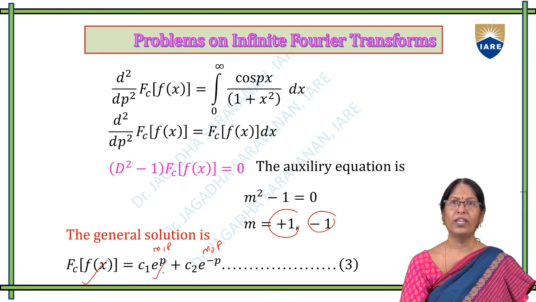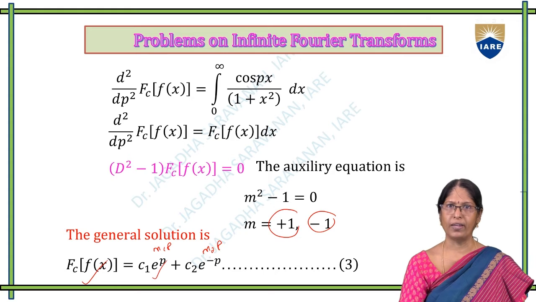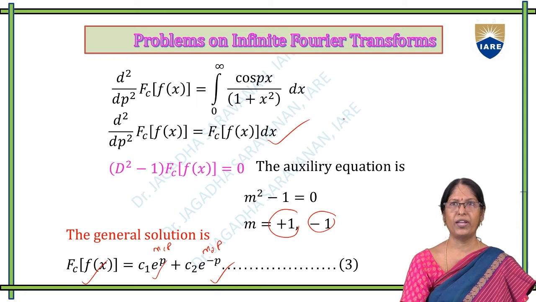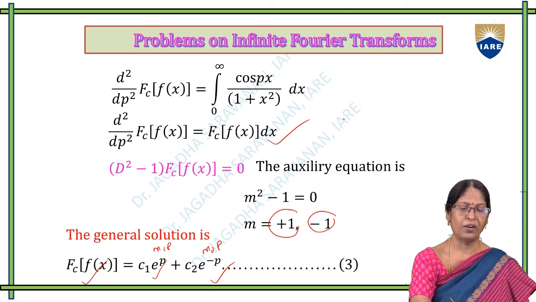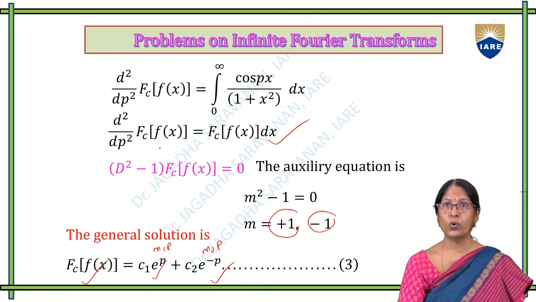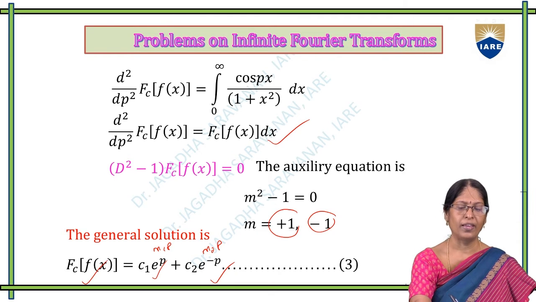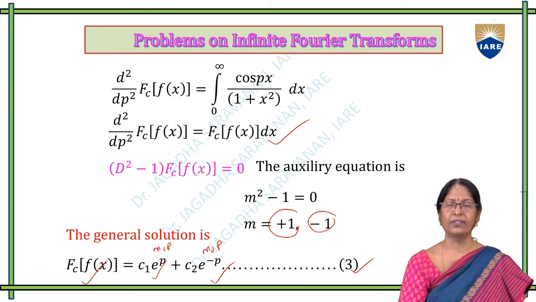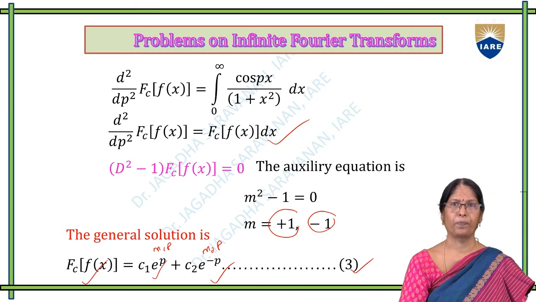So c1 e power p plus c2 e power minus p. This is the general solution we got for our differential equation in terms of the Fourier cosine transform of the function f of x. That we named as equation 3.